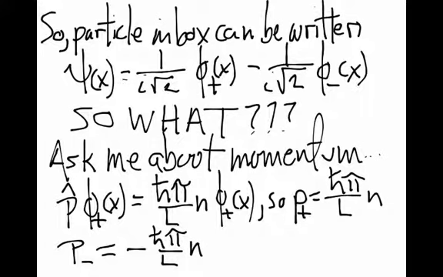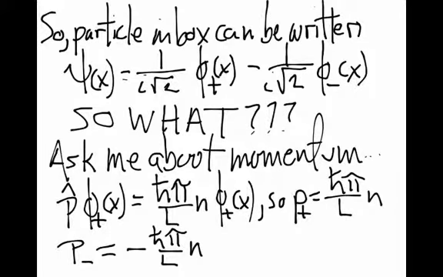It's the reason why we call these things phi plus and phi minus, and that gives us two different values of momentum. So if I use the momentum operator on the first part, phi plus, I get this p plus value, h bar pi over L times n. And if I use the momentum operator on the second part, I get a different value of momentum, p minus.